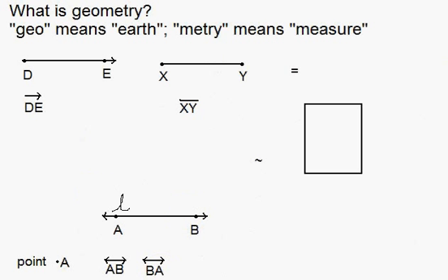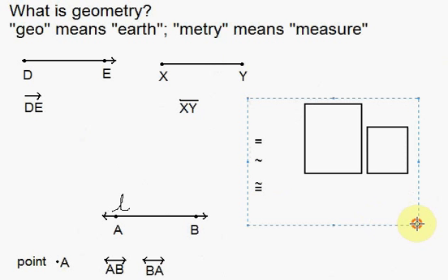So we would say that they are similar. And this right here is the sign for similar. If they have the same size and shape, the same measure and shape, we say that they are congruent. This is the symbol here for congruent. This is the symbol for equal, and when we talk about equal, we talk about equal measures. This is the symbol for similar, and this is the symbol for congruent. Same size, same shape.